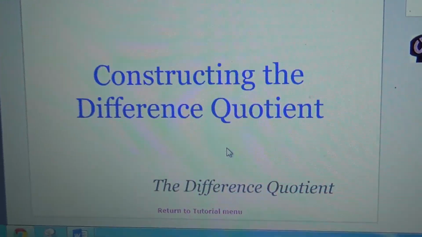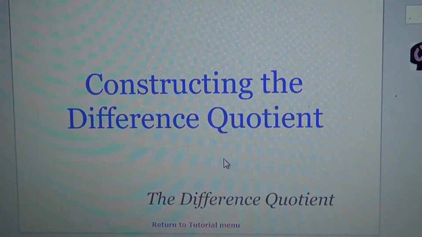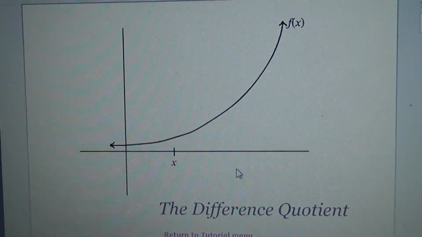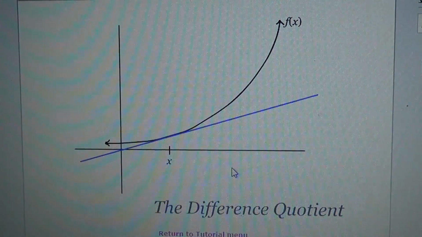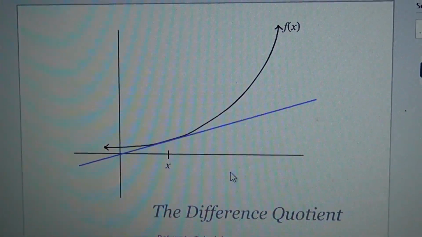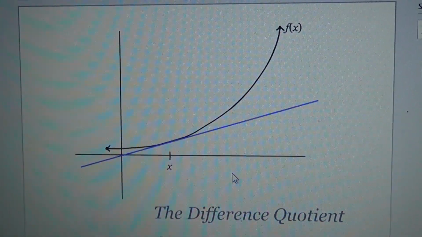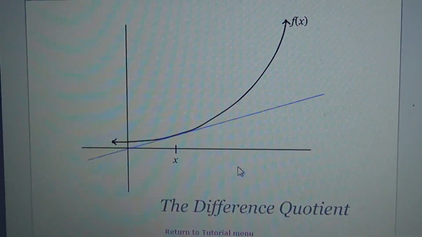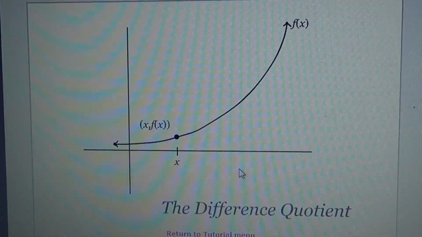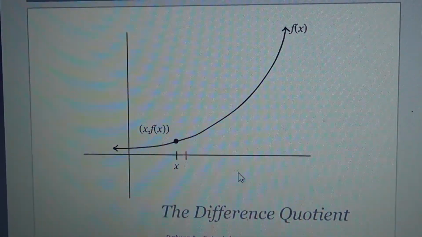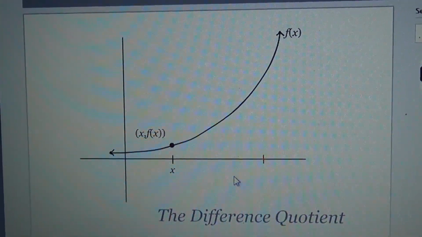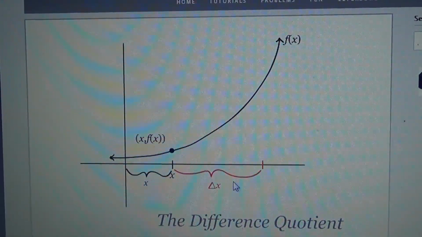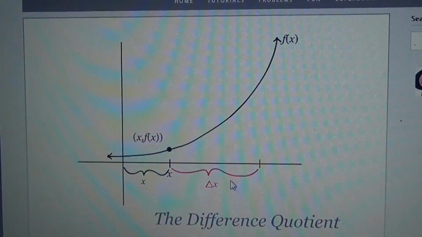In this section, I'm going to show you exactly where the difference quotient comes from. Here's a graph called f, with a point on it labeled x. My goal will be to find the slope of the tangent line to f at that point. First things first, the coordinates of this point are x, comma f of x. Now, here's how I get my formula. I'm going to move a small distance to the right of x, and I'm going to call this small distance delta x.